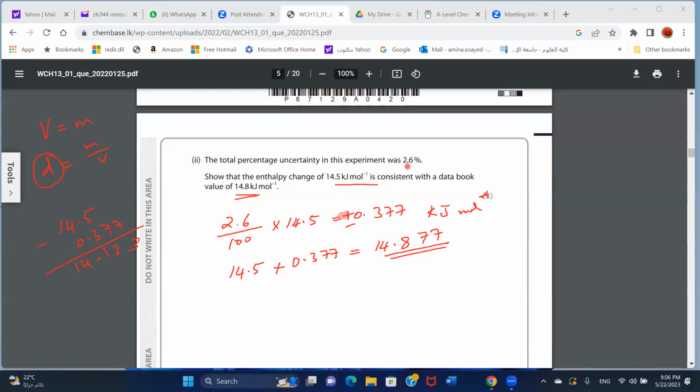So it's plus minus 0.377, which means that if you add it to the 14.5, you get 14.877, and if you subtract it from the 14.5, you get 14.1. And the value 14.8 lies between the 14.1 and the 14.877, which means that our experimental values are consistent with that found in the data booklet. Okay? Okay, Miss, thank you. You're welcome.